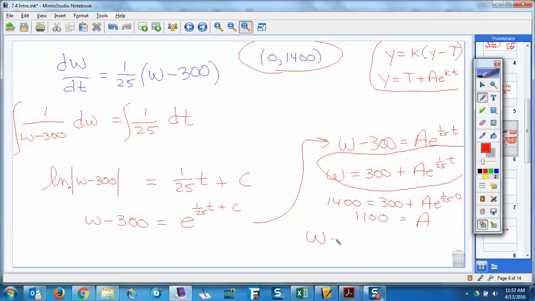So now the answer is 300 plus 1100 e to the 1/25th t. So when you're given an initial condition, you then plug that in and you find that missing constant. Because every time you do an antiderivative, you're going to get a c. Now it turned into an a here because of the e that we had in there. c turned into an a because of the e. All right.